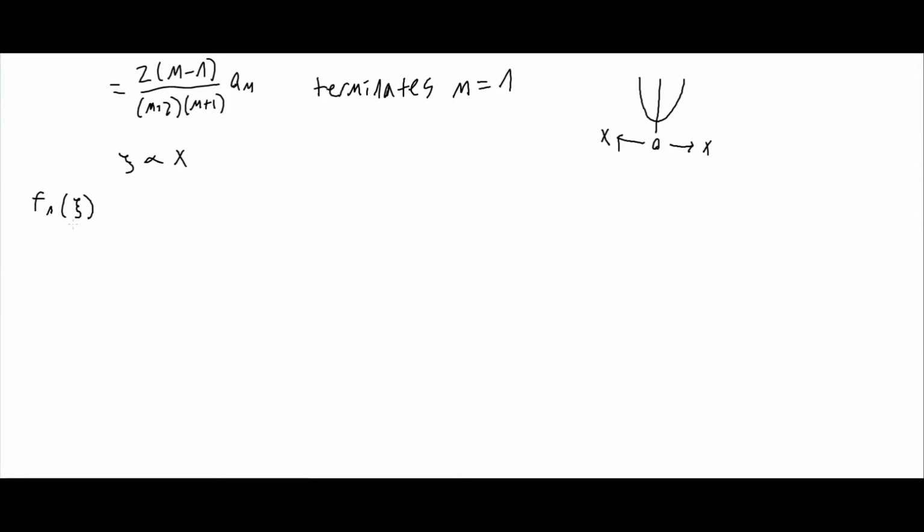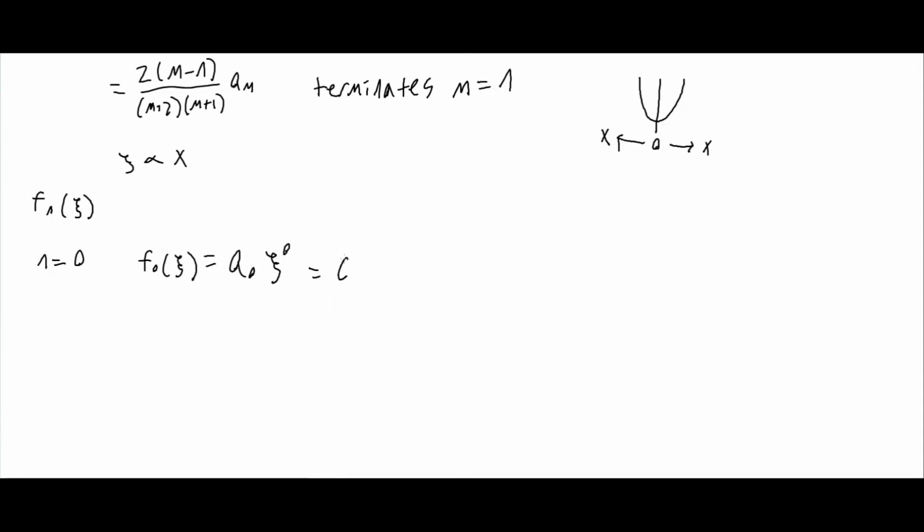And so we have our nth f here. So f sub n, if we have n equals 0, then what we have is f sub 0 of xi is equal to a sub naught times xi to the 0th, and we know that anything above that is going to terminate because our m is equal to 0 here, and so is our n, and so this is the highest term here.